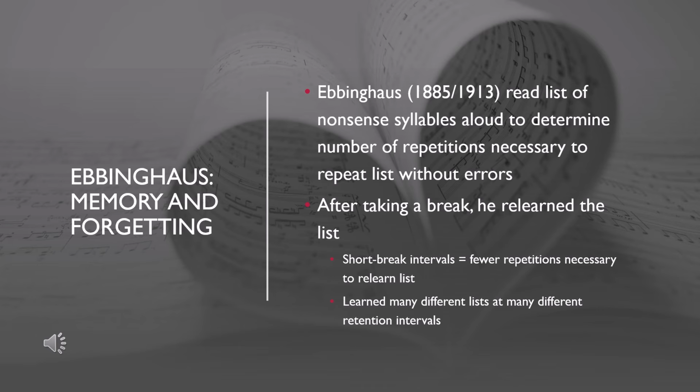Ebbinghaus looked at memory and forgetting, and he had this curve as part of his description and experiment with understanding memory. He studied memory scientifically using nonsense syllables to avoid prior meaning, and he tested how long it took to relearn lists after delays.